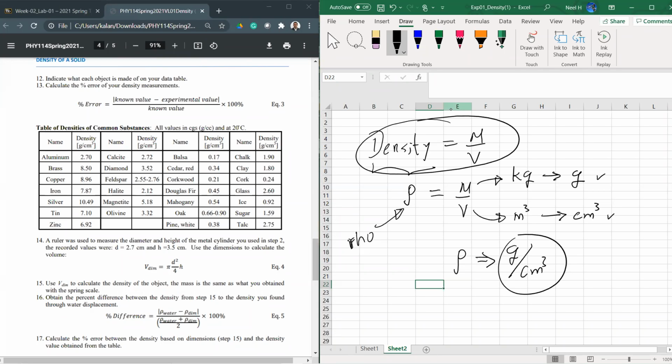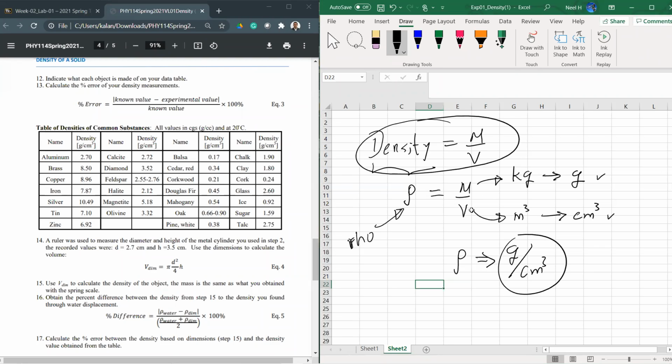Whatever material it is made of has to have the same density, whether it is smaller or larger, three-dimensional or two-dimensional. If the object is made of copper, then any object made of copper has to have the same density, right? So that's why density is a very important physical parameter in physics and chemistry, particularly.